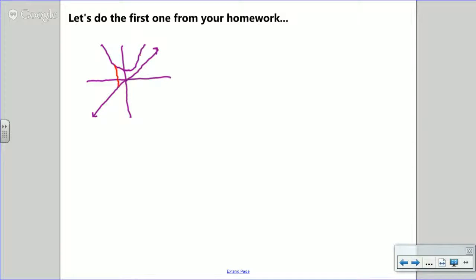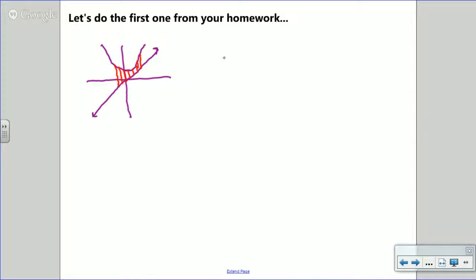So something like this. Okay, and what I want to do is take this region here, make that the base of my solid, and stick a whole bunch of squares on here. So my squares are going to come out of the screen. Picture little squares on here coming out towards you.